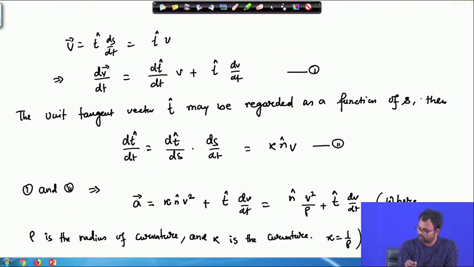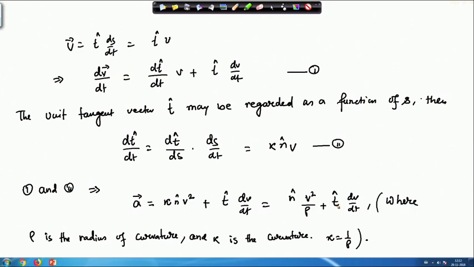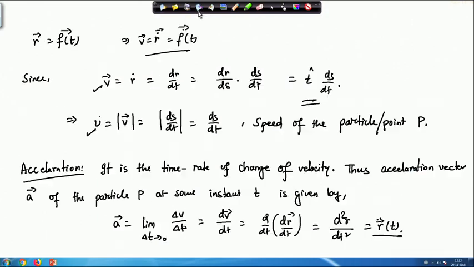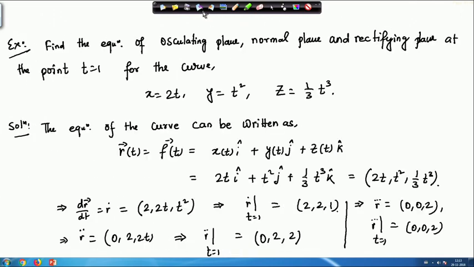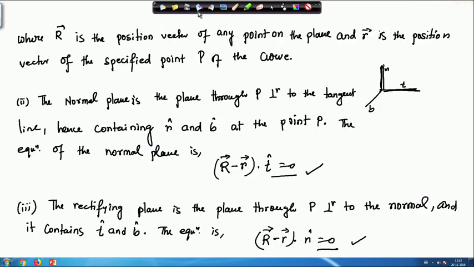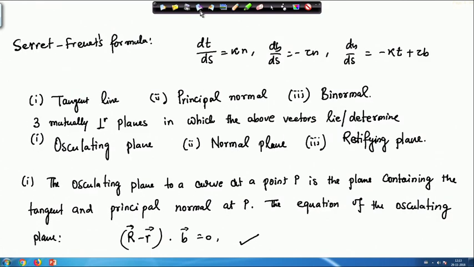So, what does it say? You can see the acceleration vector can be written as the combination of n cap and t cap. So, if we go to our previous definition, the acceleration vector is given as the linear combination of the normal and the tangent vector.